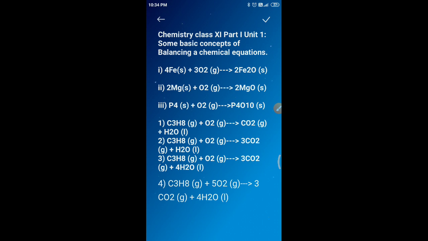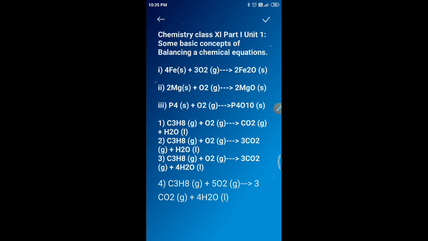Here there is a shortage of oxygen molecules. So now we have to find out. In this equation, phosphorus atoms are balanced. So to balance the oxygen atoms, we must place the coefficient of 5 on the left side of the oxygen, meaning the reactant.